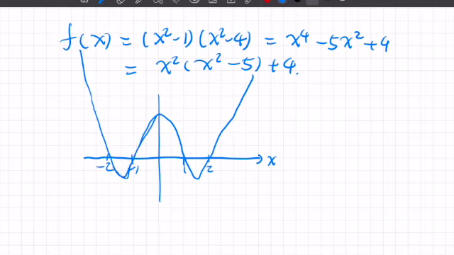Well, it's not so pretty, but it will cross the x-axis at plus minus 1 and plus minus 2. That's for sure.